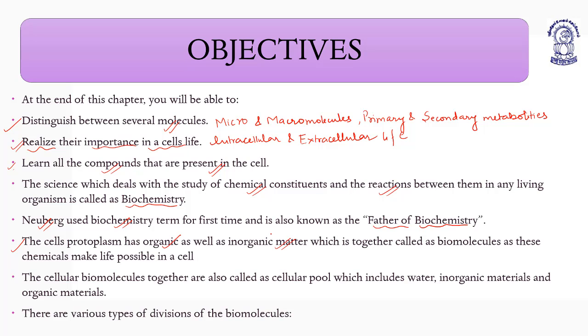The cell's protoplasm has organic as well as inorganic matter. Both of them are termed as biomolecules. These biomolecules help life to become possible as they carry out different metabolic reactions.